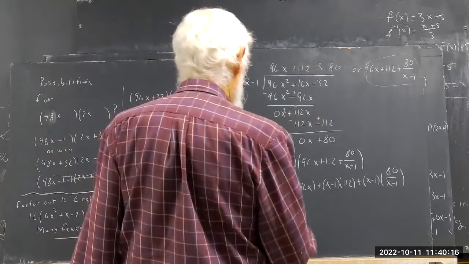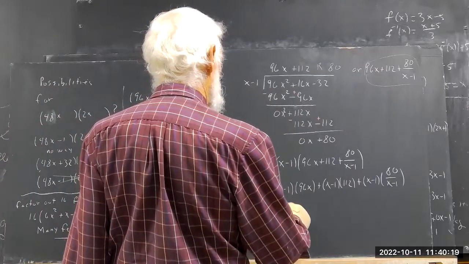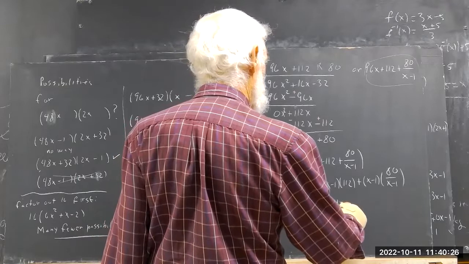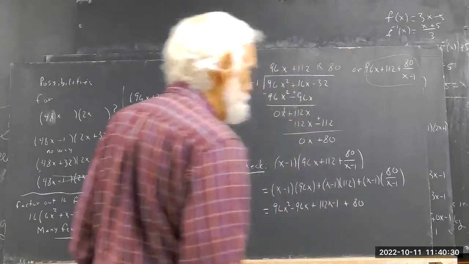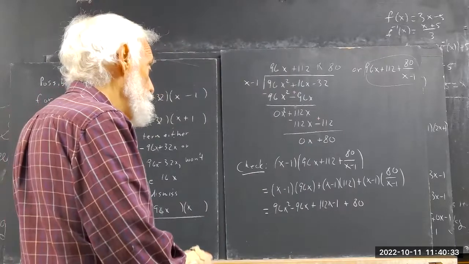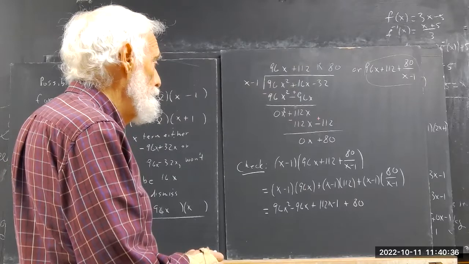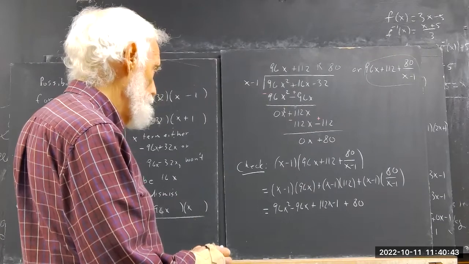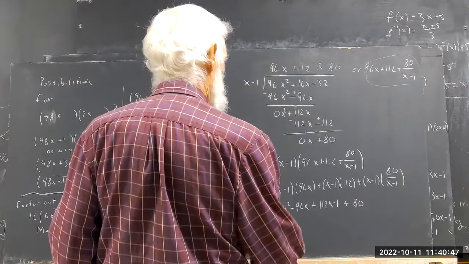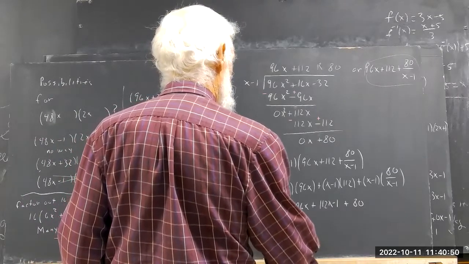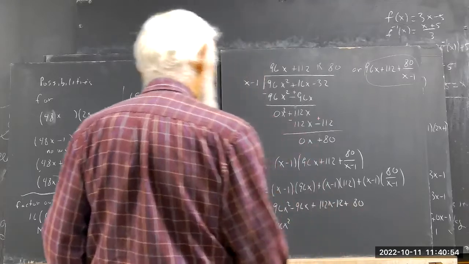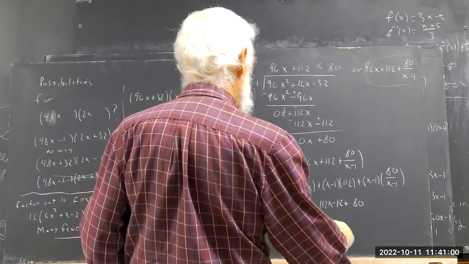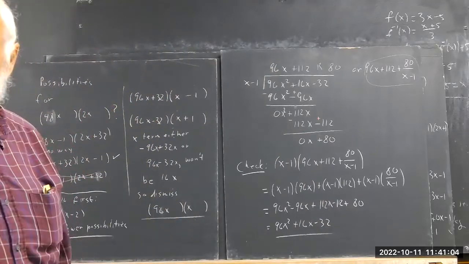And there we have it. And that's 96x squared minus 96x plus 112x minus 112 plus 80. And that's minus 112, let's see. 96x squared plus 16x minus 32. And it works.